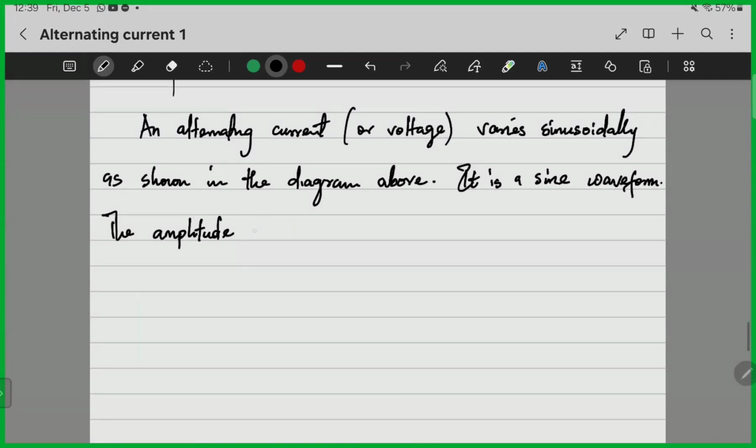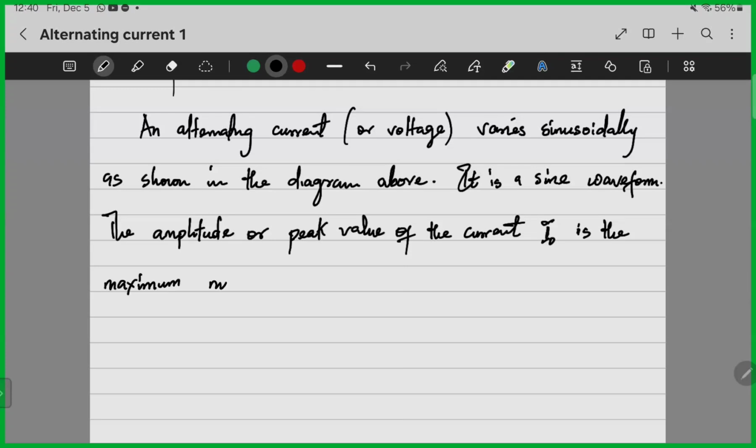So the amplitude or peak value, you see it has a similar name, the amplitude or peak value of the current I0 is the maximum. So to define amplitude or peak value, it is the maximum numerical value of the current.